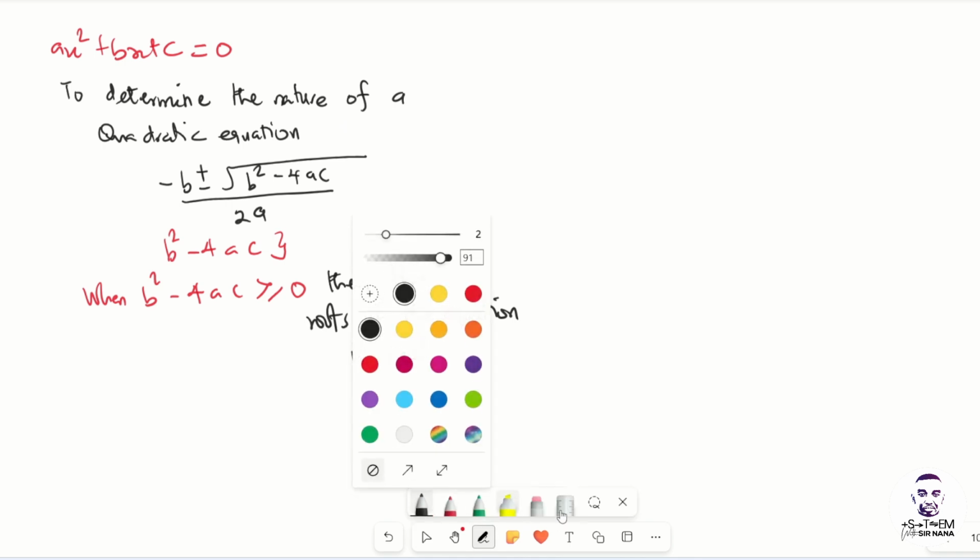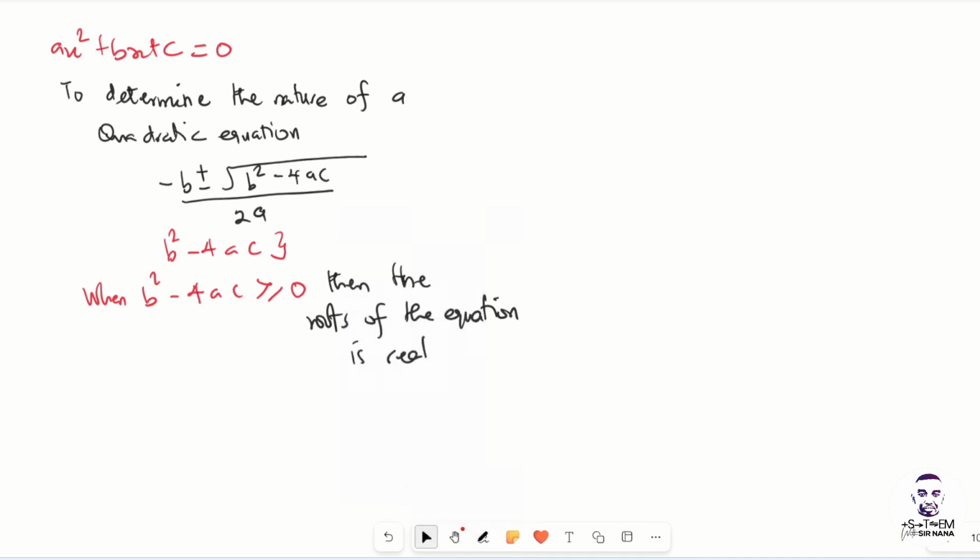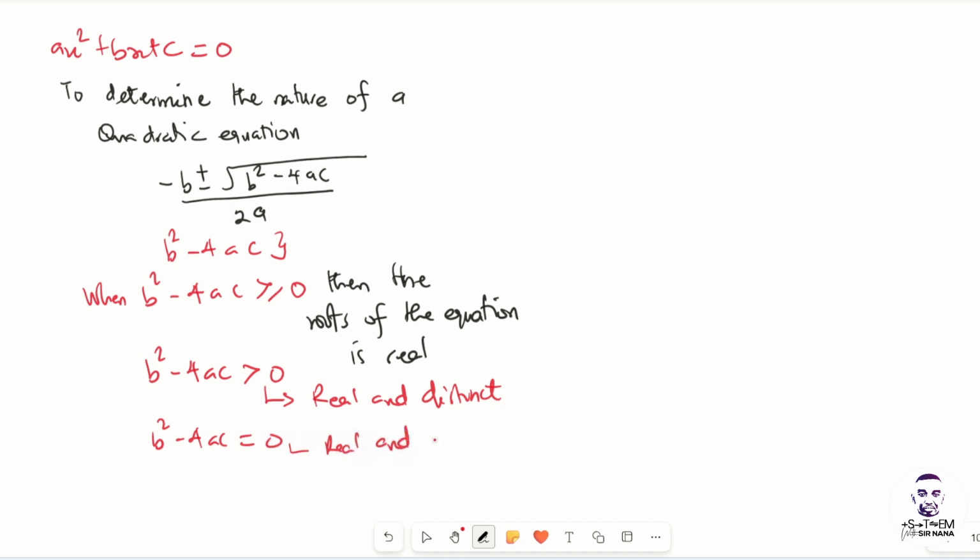For real roots, we even have two different types. You can have b squared minus 4ac being greater than 0, and in that case the roots will be real and distinct. And then we have b squared minus 4ac being equal to 0. Then the roots will be real and equal. So equal and real roots, right?